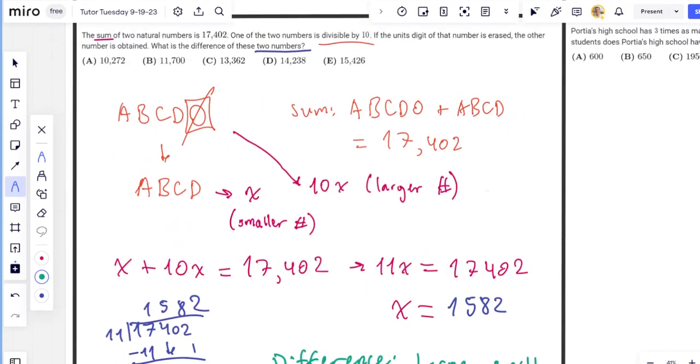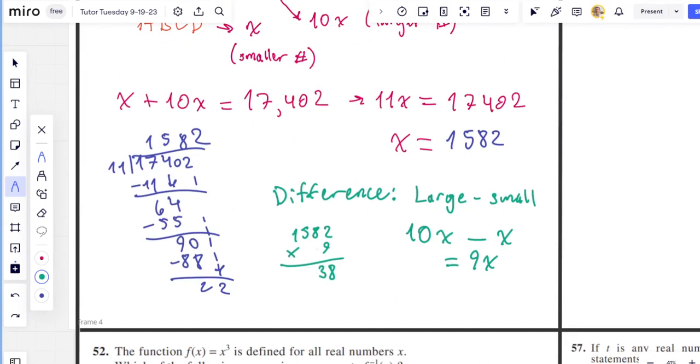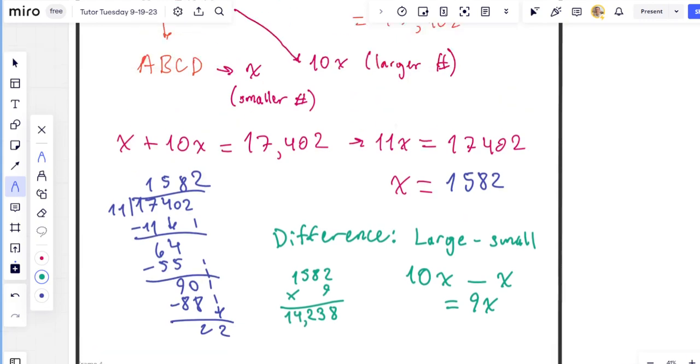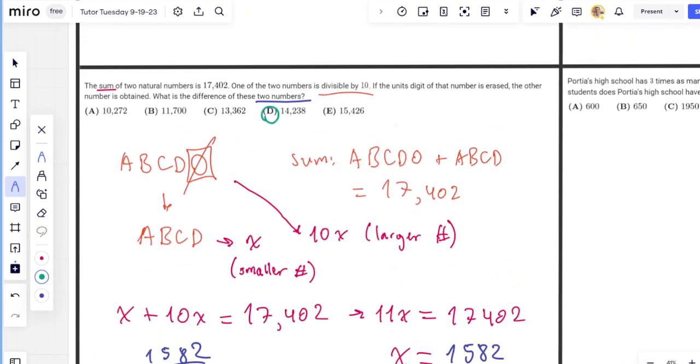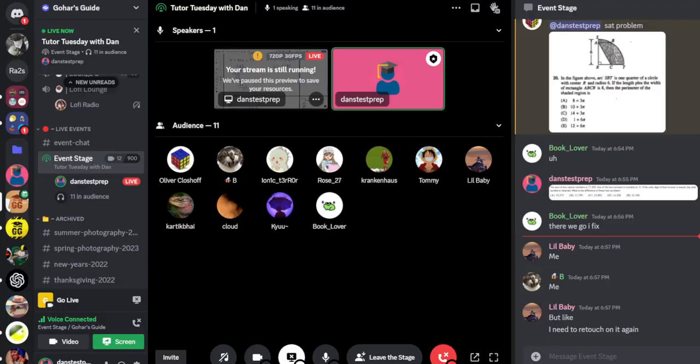I definitely did not do that correctly, so let's go back and do that a little bit slower. 1582 times 9, that'll give us an 8 here, we'll carry the 1. 9 times 8 is 72, it gives us a 3 here, carry the 7. 5 times 9 is 45, plus 7 is 52, carry the 5, and then 9 times 1 is 9, plus 5 gives us 14. So 14,238, which exactly matches answer choice D.